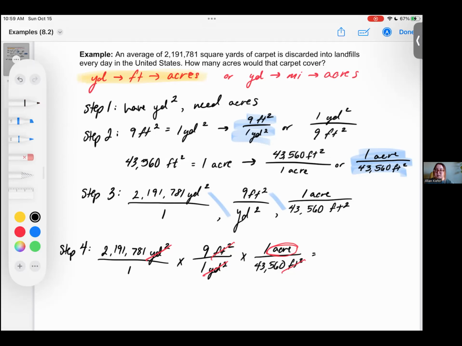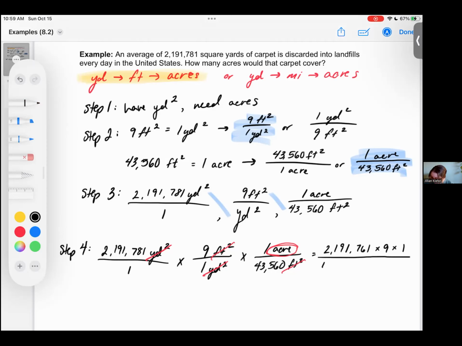Now we get to multiply straight across. So we'll have 2,191,781,000 times 9 times 1 in the numerator there.